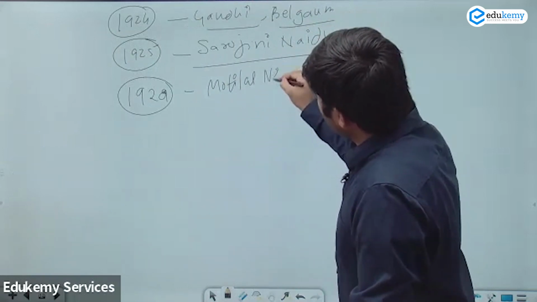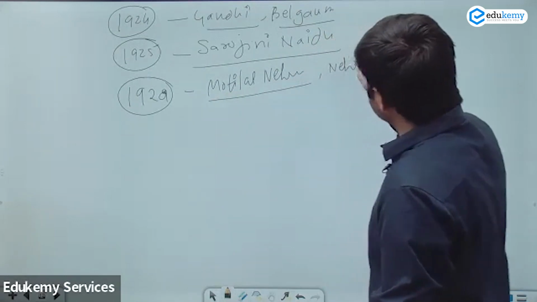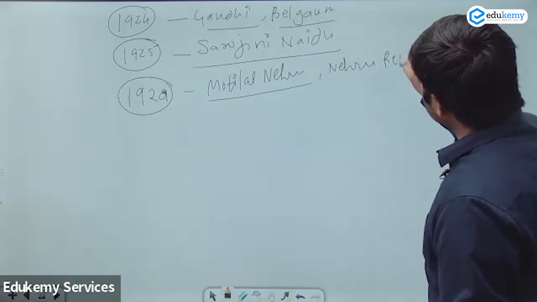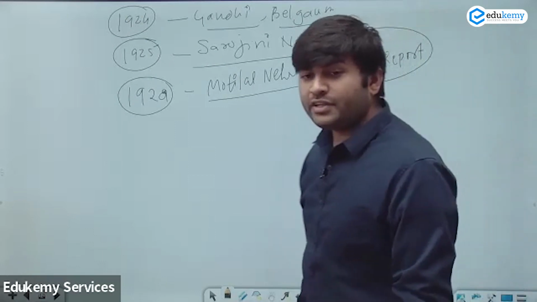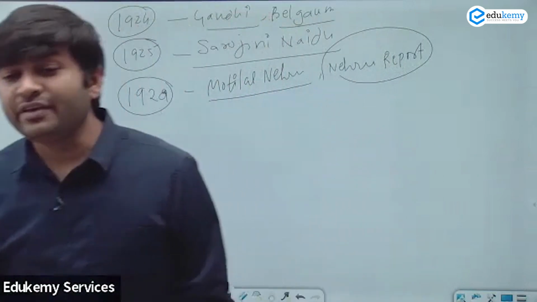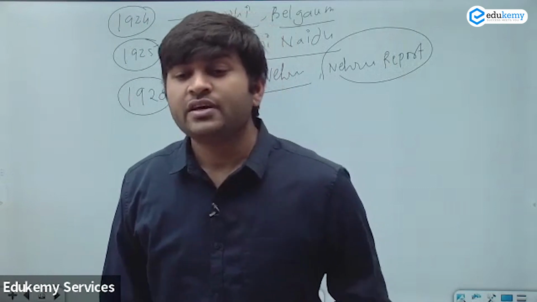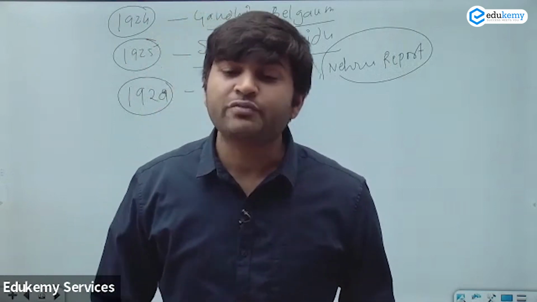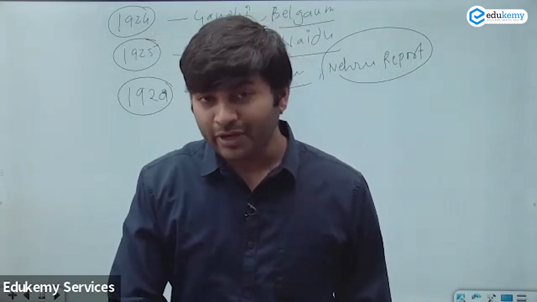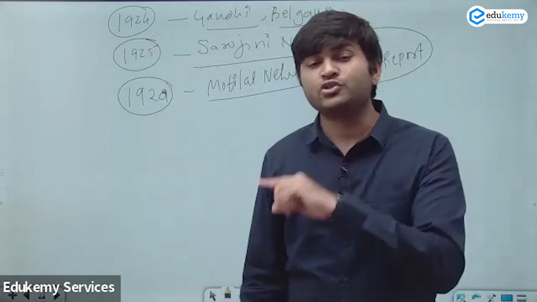Nehru report was passed over here, and it was said कि if the British, if the government is not giving, not Purna Swaraj. अभी यहाँ नहीं है Purna Swaraj. If the government is not giving the status of dominion status, अगर हमें dominion status नहीं दे रहे हैं, then we will launch the civil disobedience movement.